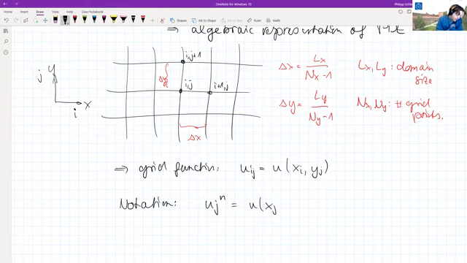So this would be x_j, of course, I can do it also with two different directions. And superscripts, so the stuff up here, that would correspond to a temporal discretization. So time level n or time level n plus 1. So that's the important thing. Superscripts refer to time, and subscripts refer to space.